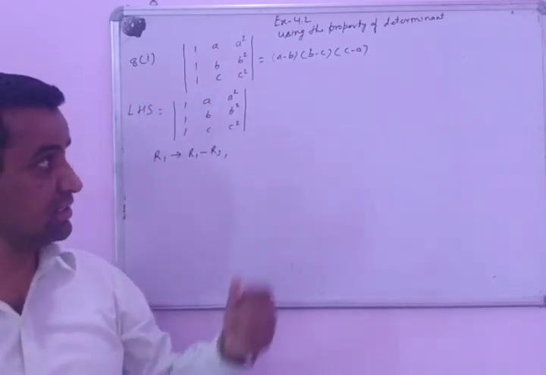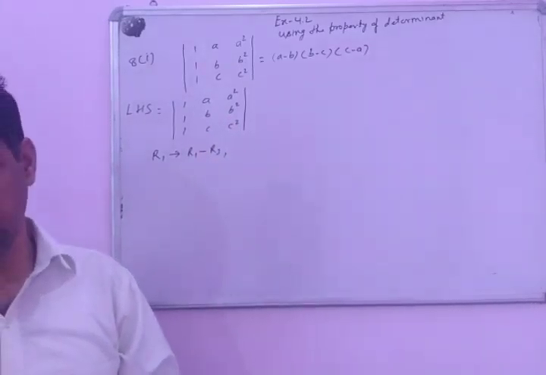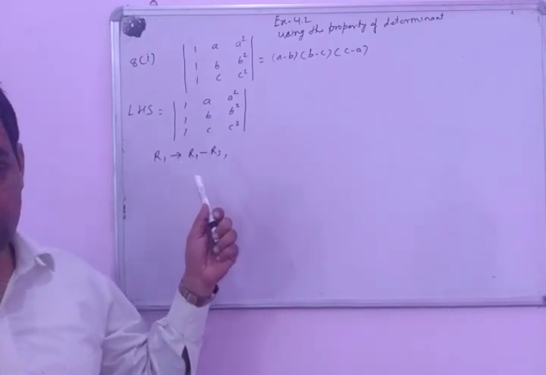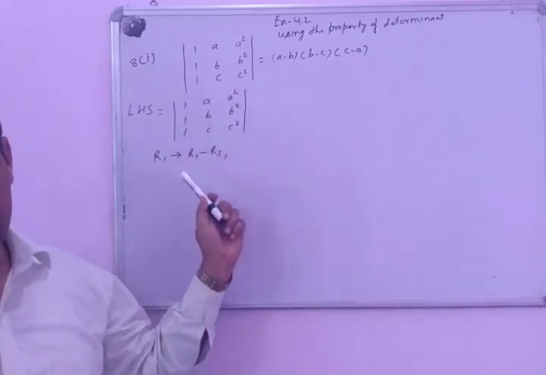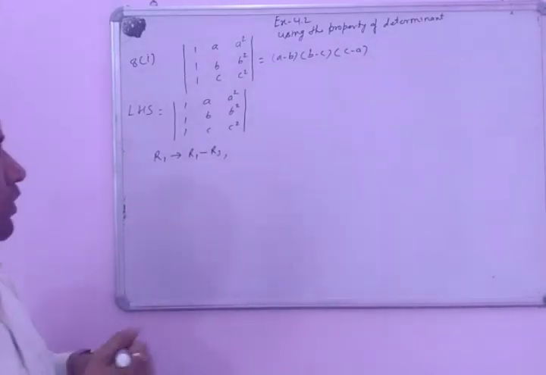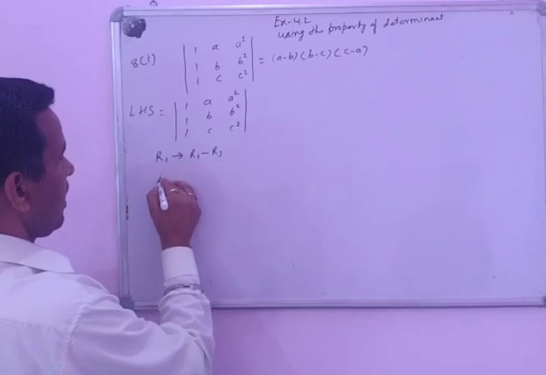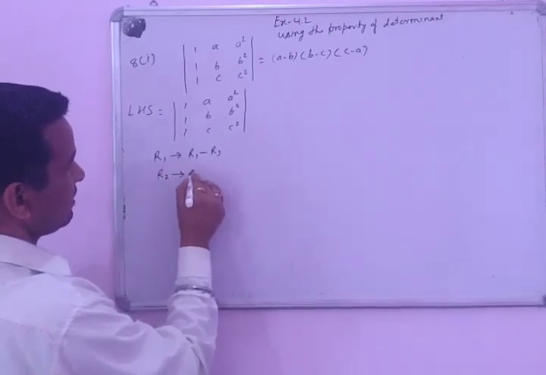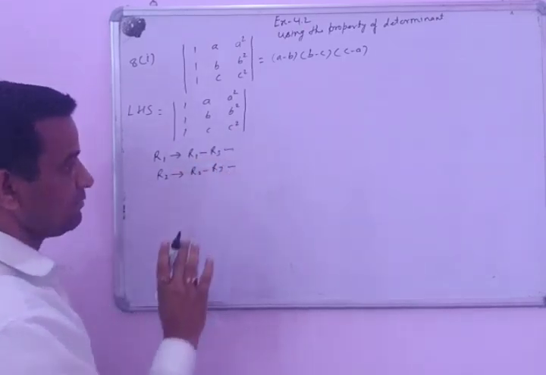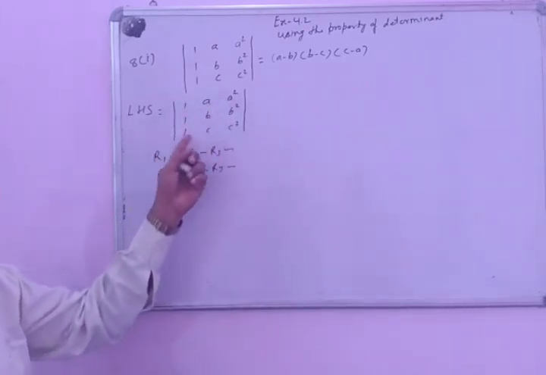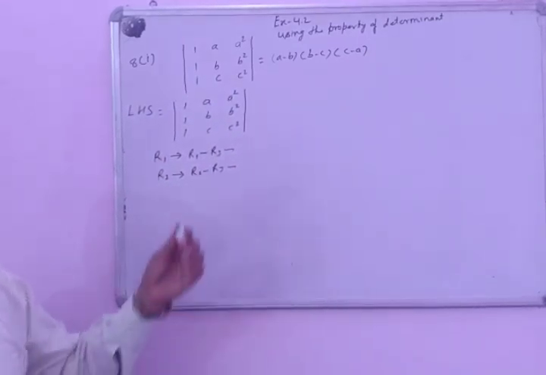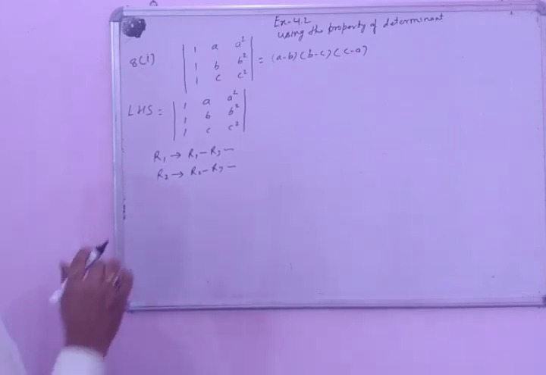One more important thing: for a 2 by 2 order determinant, you apply only one rule, one time. For a 3 by 3 order determinant, you apply two rules one time. So one rule is this, and one more rule I am applying here: R2 minus R3. You can use these two one time, because this determinant is of 3 by 3 order, so you can use the two rules one time.